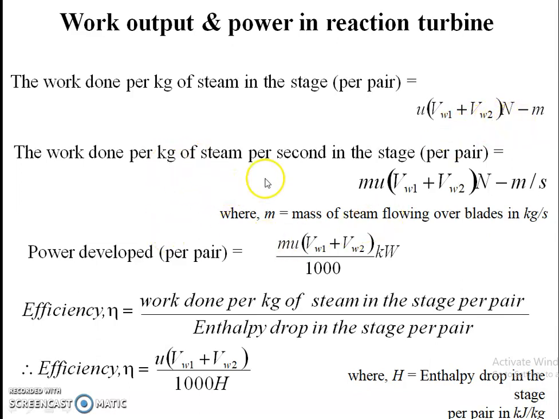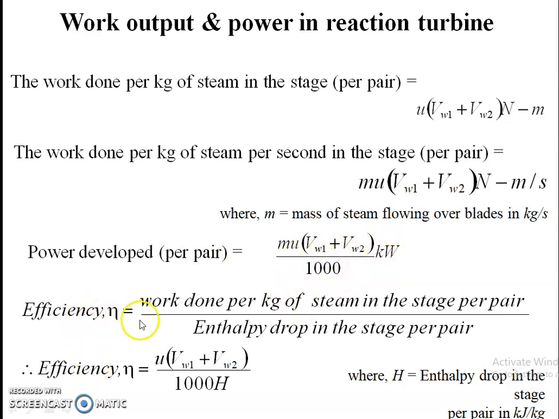The work done per kg of steam per second in the stage per pair is mass flow rate M into U into VW1 plus VW2, with unit Newton meter per second, where M is the mass of steam flowing over the blade in kilograms per second. Finally we find the power output developed per pair, M U VW1 plus VW2, in kilowatt, so we divide by 1000.